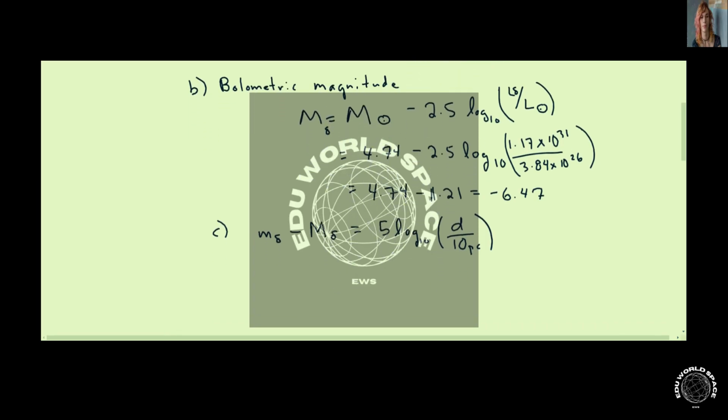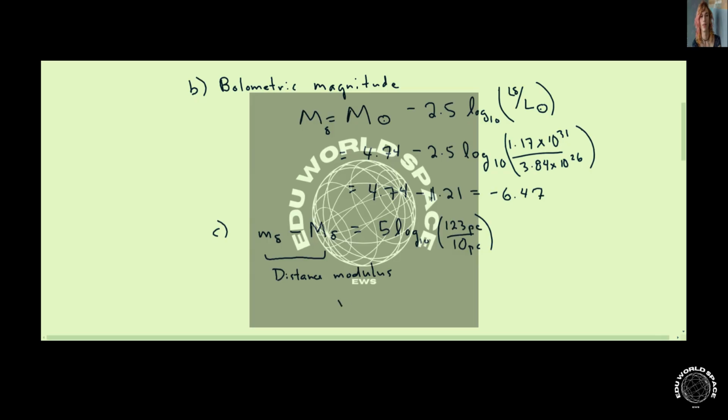So here's kind of a hint about how you can use apparent and absolute magnitude of a star in order to actually work backwards and find distance. But that difference between the two magnitudes is known as the distance modulus. It is based on the inverse square law of light. And the distance is 123 parsecs.